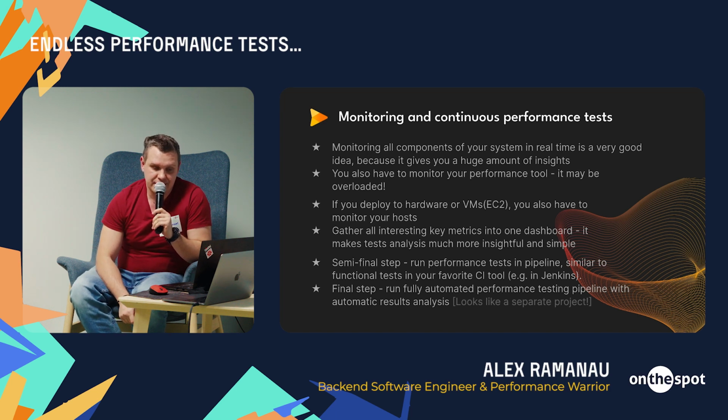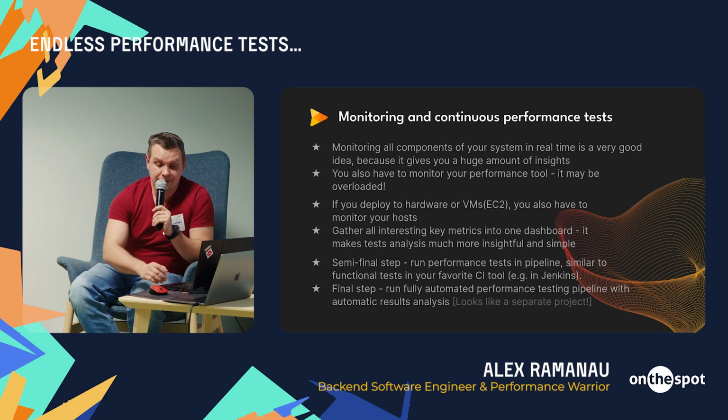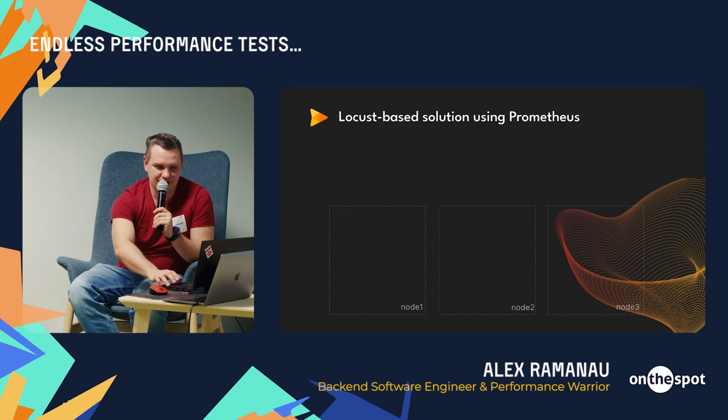But the final step, which looks like a separate project, is a fully automated performance testing pipeline with automatic analysis of results and automatic deployment. I won't tell you a lot about this. It's a separate speech, maybe a separate project.